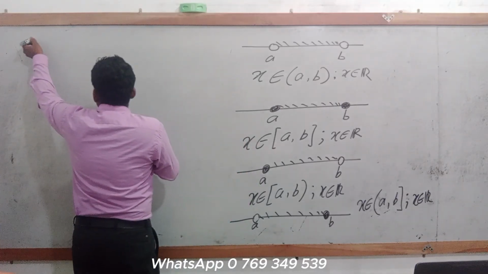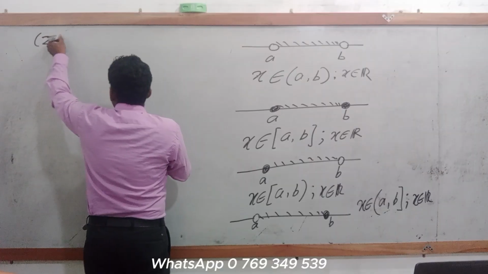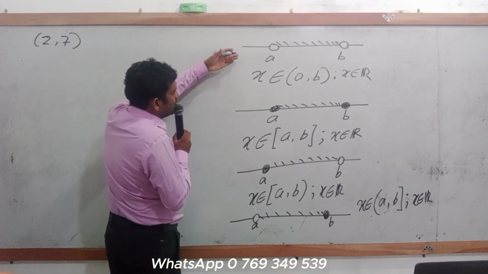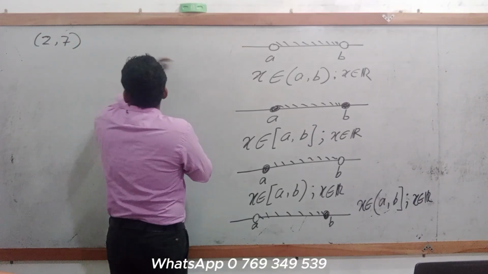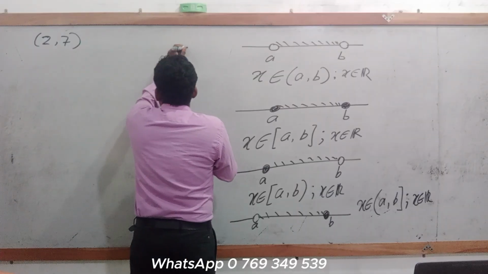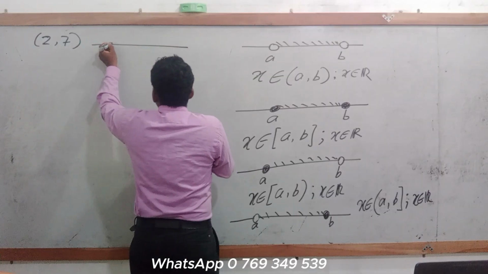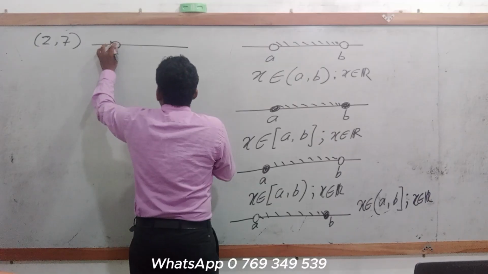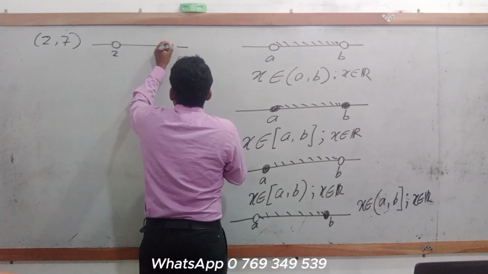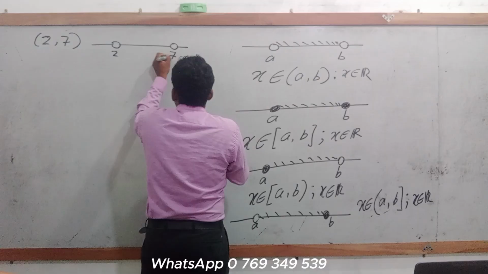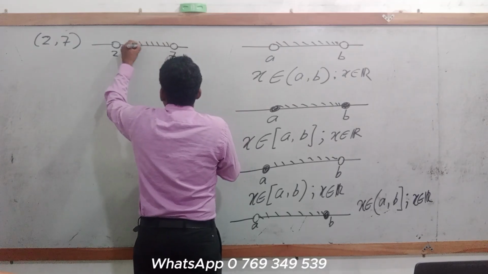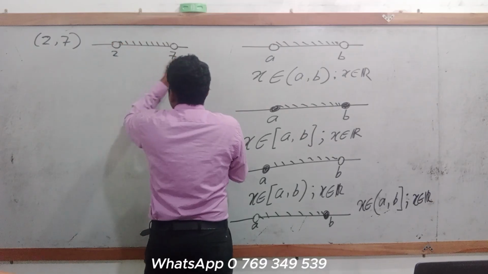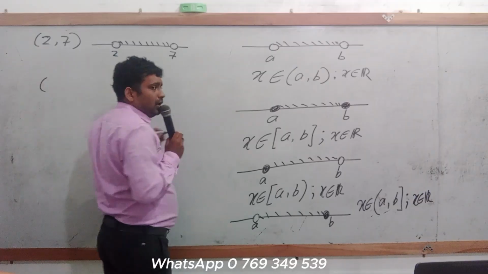One is 2 to 7. Now this is the theory. This one is the same thing: 2 is open and 7 like that. This is the answer. Next one is both closed, numbers -2 and 8. We need to close both -2 and 8, and between them.